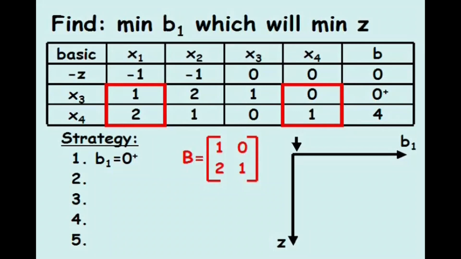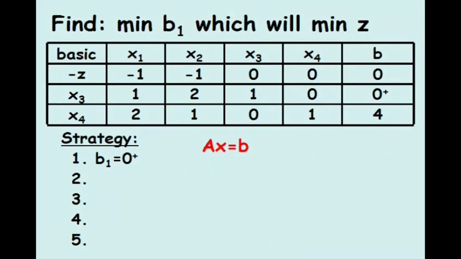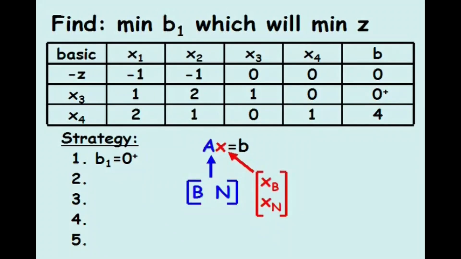In linear programming, the constraint set in standard form is Ax equals b. Matrix A is composed of constant values which are either associated with basic variables, B, or non-basic variables, N. The decision variables, x, are non-negative for all basic variables xB, and equal 0 for all non-basic variables xN.